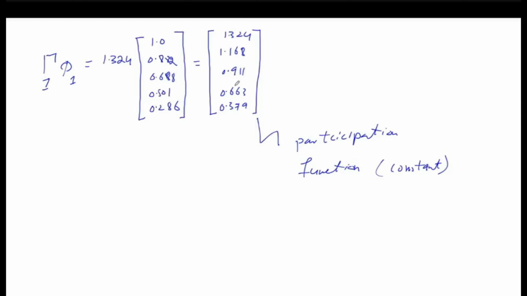For the other higher modes, I will just mention the values directly. You can calculate by yourself, so you can confirm these. Participation function for mode 2.